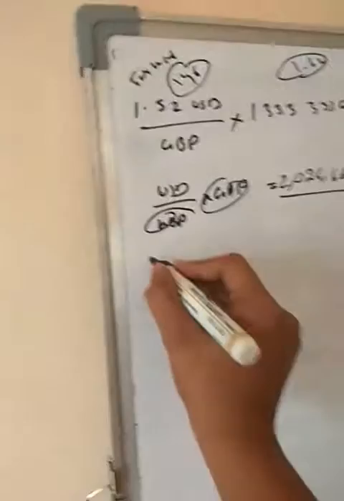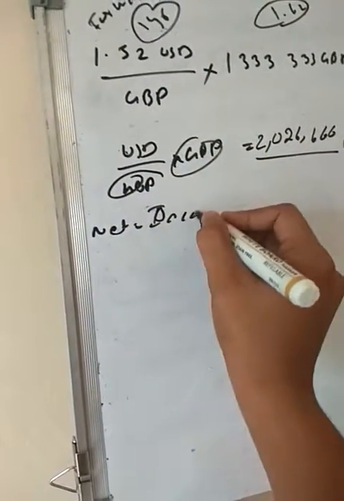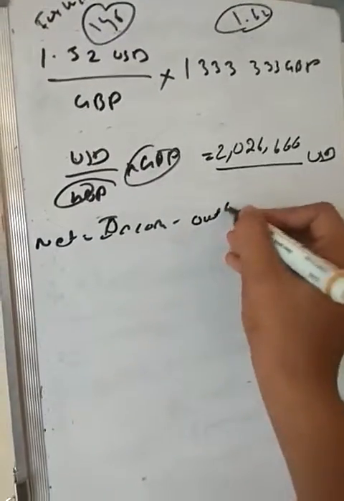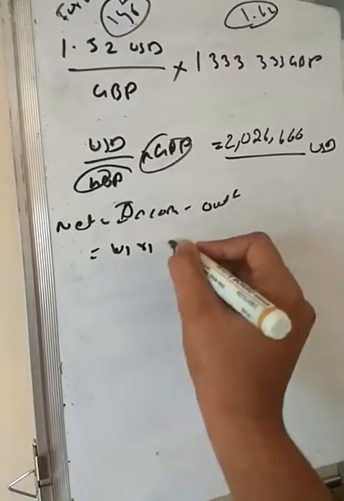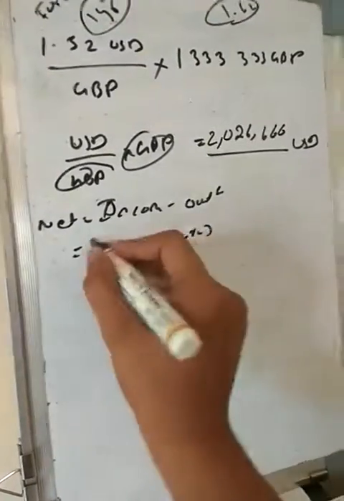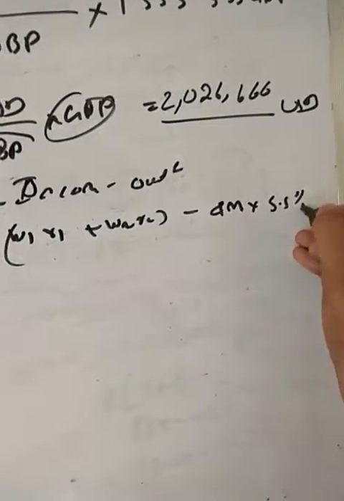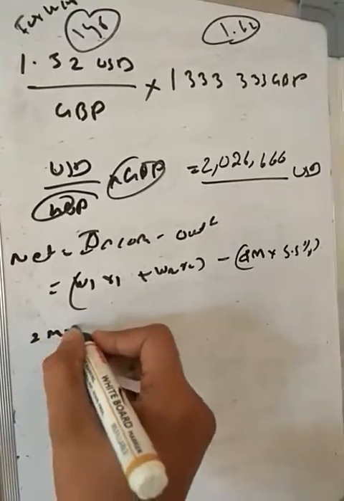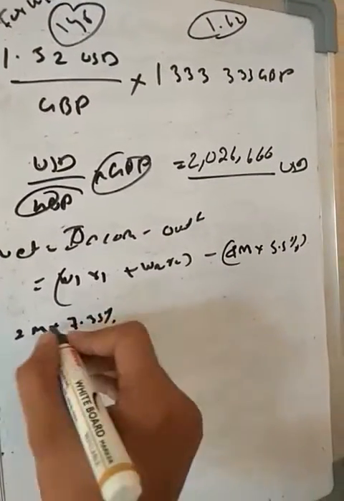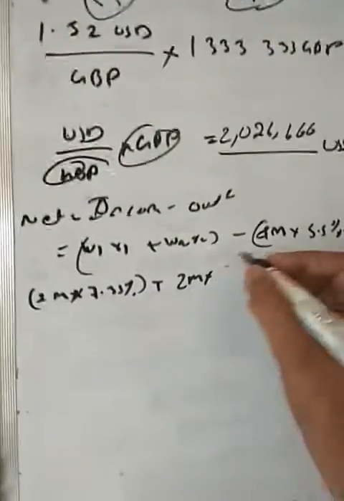Now we have to find, we remember the question. Net is equal to our incoming minus outflow, we got W1 R1 plus W2 R2 minus 4 million into 5.5 percentage. Now W1 into R1 was 2 million into 7.35 percentage, plus 2 million into R2.